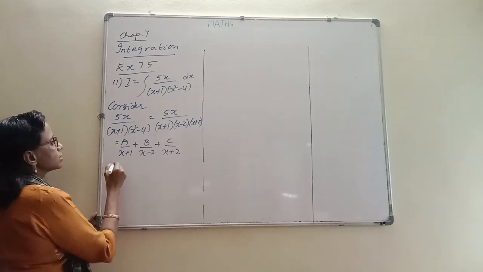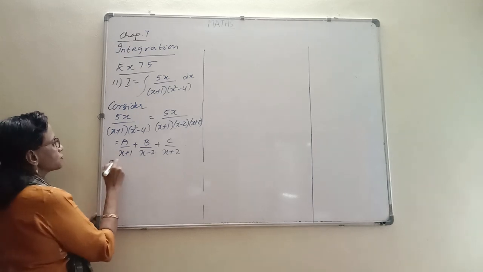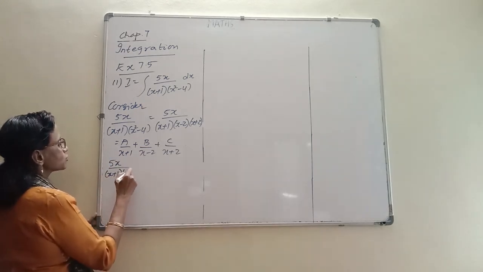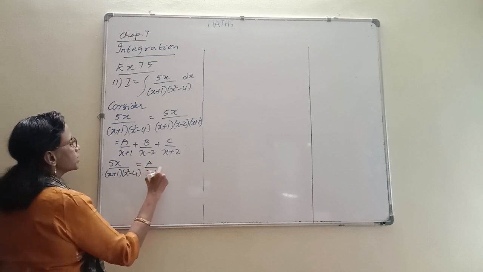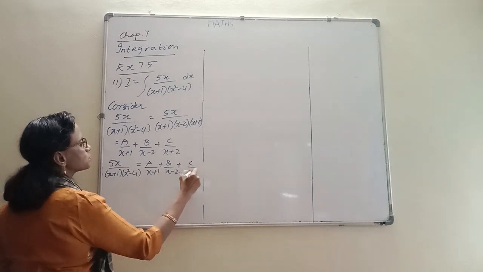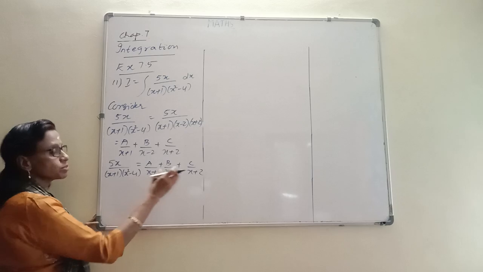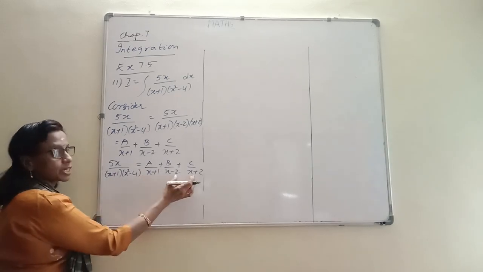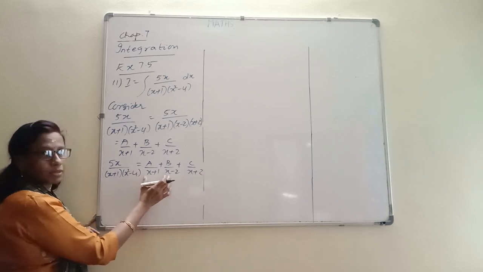Then, as we know, once we have to equalize, 5x over x plus 1 times x squared minus 4 becomes equal to A over x plus 1 plus B over x minus 2 plus C over x plus 2. We know that this is our LCM, so each of the fractions has to be multiplied so as to get this LCM. This fraction has to be multiplied by these two, this fraction by these two, and this fraction by these two.